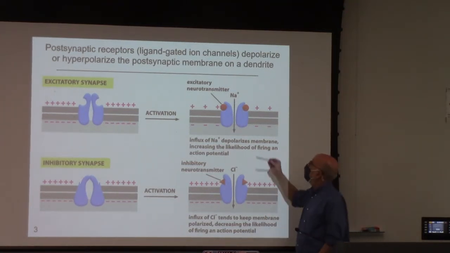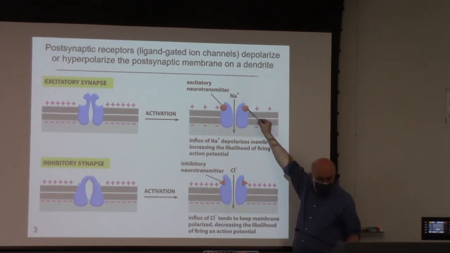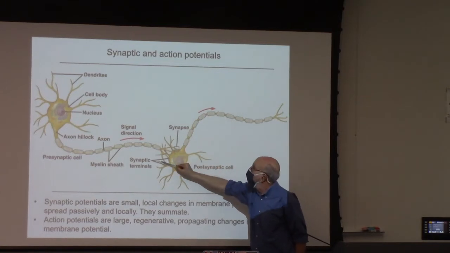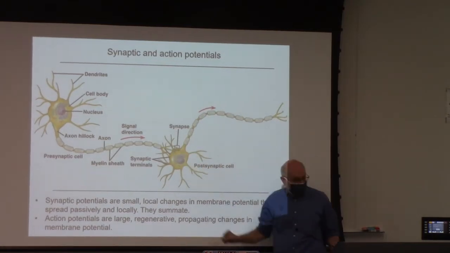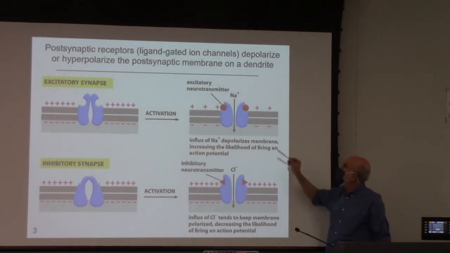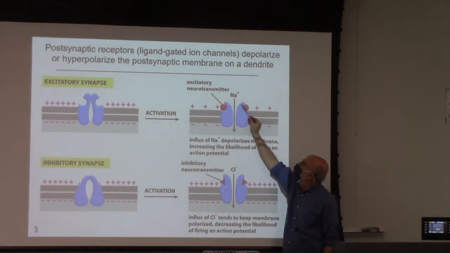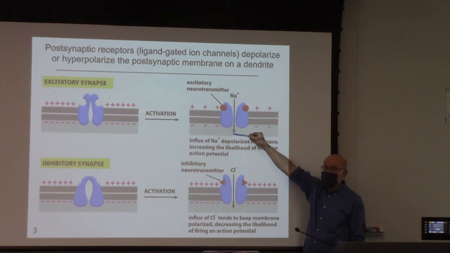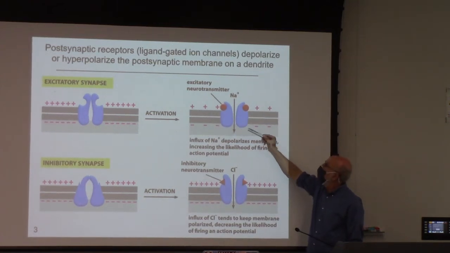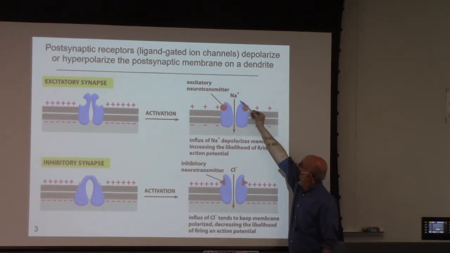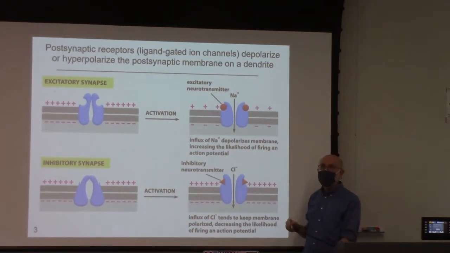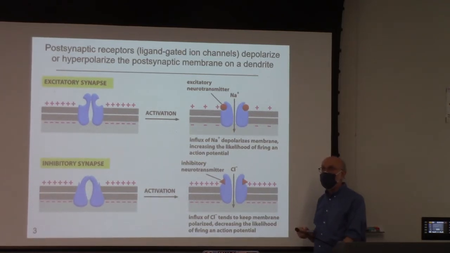So if the neurotransmitter released at the synapse by this cell activates a ligand-gated sodium channel, then the delivery of positive charge to the inside of the cell reduces the inside negativity, makes it less negative, and it's a depolarization.